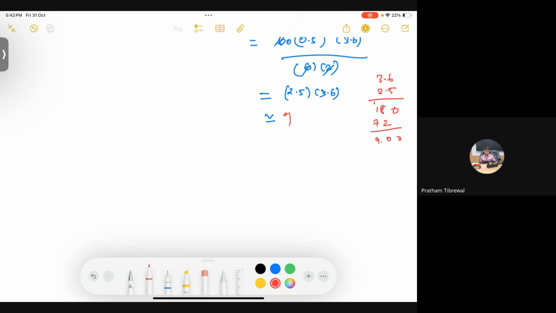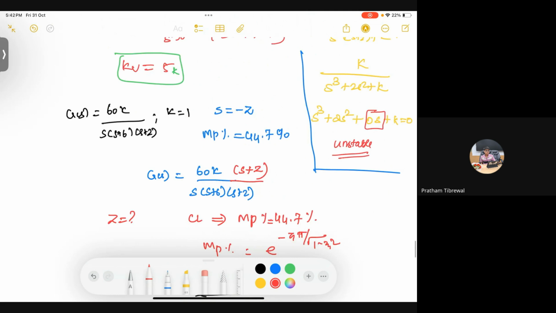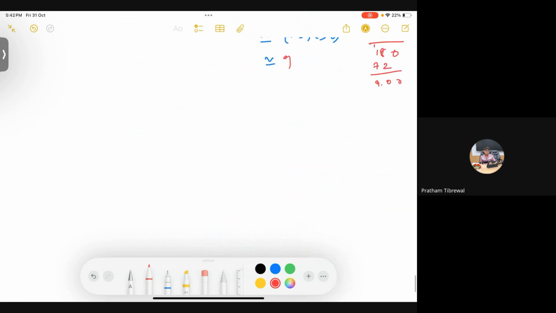Okay, we'll go ahead with another question. So if you add the zero at s equal to z instead of minus z. Next question is, I lose track of the question number. Previously I added s equal to minus z, right? Now I'm saying I want to add s equal to z with the same z we found before, that is 3.6.